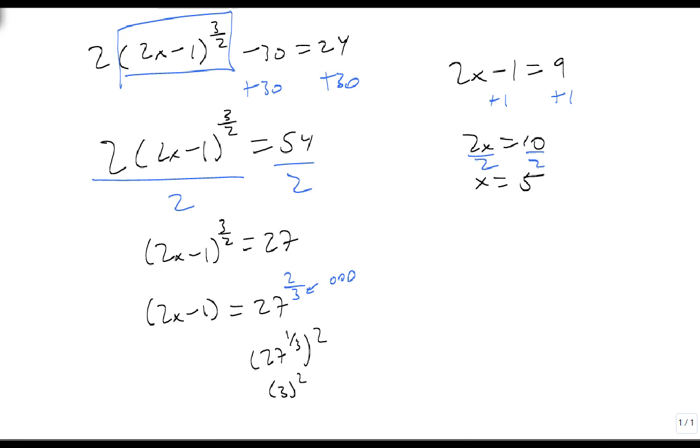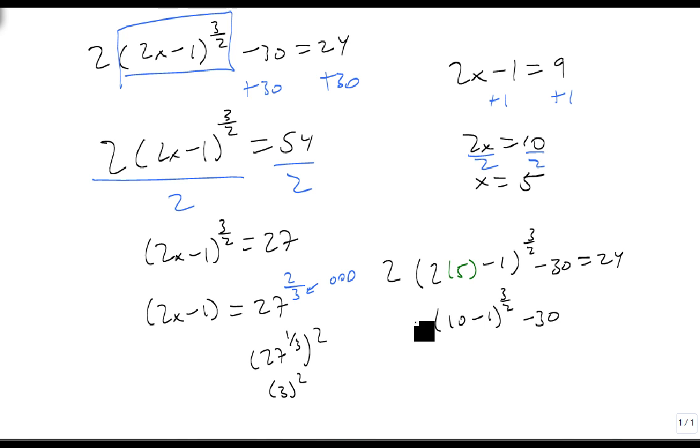So if we go back to our original and check this, we get 2 times (5 times 2 minus 1) raised to the 3/2 power minus 30 equals 24. Well, that's 10 minus 1 to the 3/2, which is 9 to the 3/2.